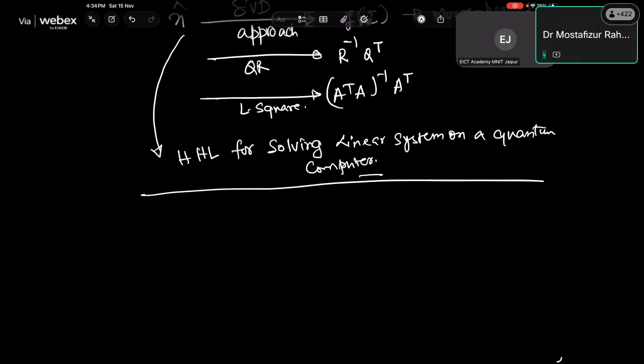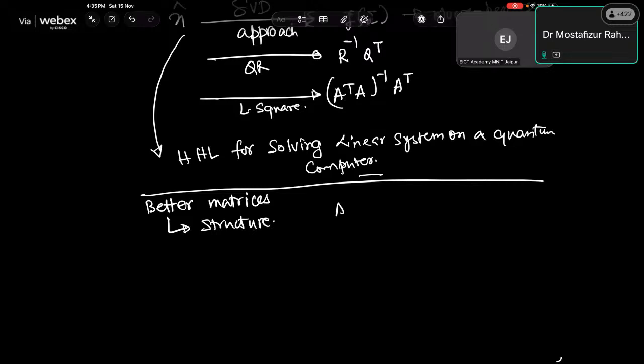So now let's move to some better matrices. Better in the sense of better structured matrices, or matrices which have better properties. So earlier A had no condition.